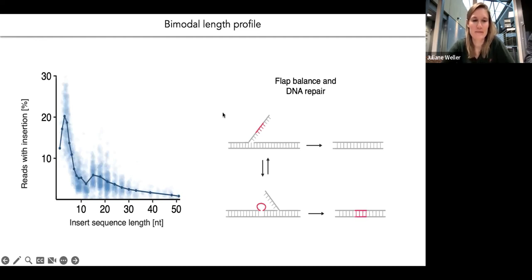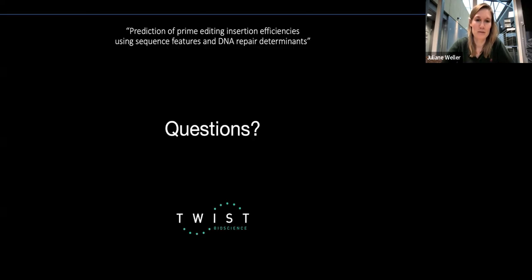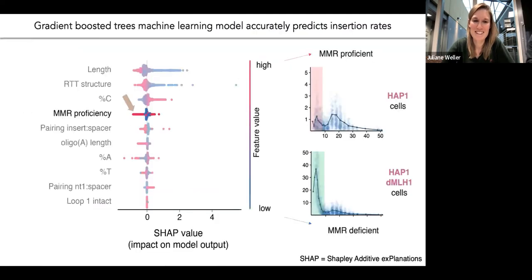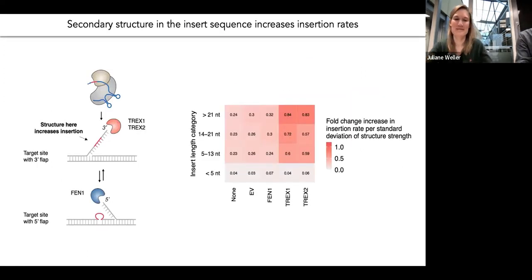And maybe one more thing about the mismatch repair versus TREX. If you could put up the plot with the length and the heat map. It's a bit tricky because short sequences are less prone to form structure, but you can see in that heat map that the structure is more protective for longer sequences compared to shorter sequences, which could in part be because shorter sequences are less prone to form structure.